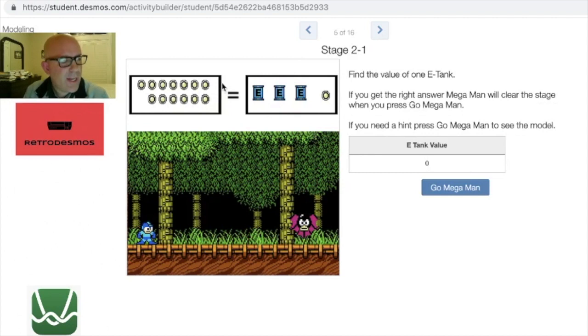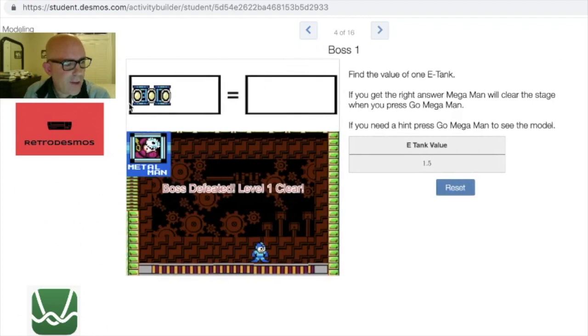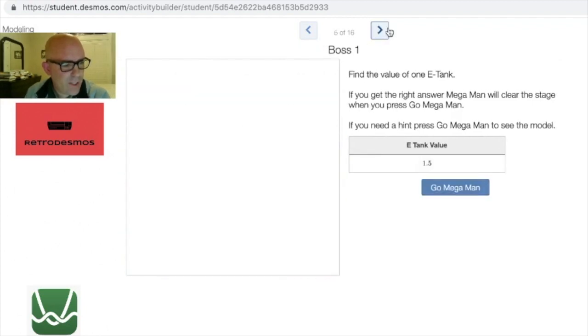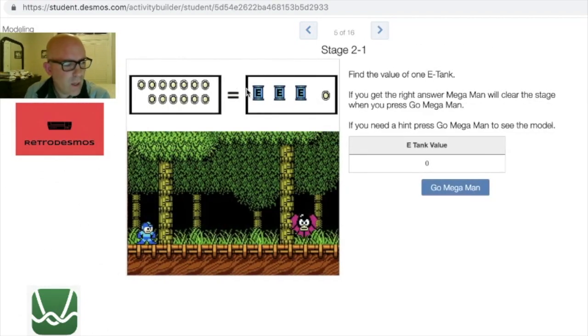We move on to this second stage and notice a couple things here. Obviously, there's a bunch more, but I threw the variables from the left side of the equation to the right side. We really need to develop this idea of equivalence, that it's not just leading us to an answer, it's really a balancing between two quantities that we have going on here.